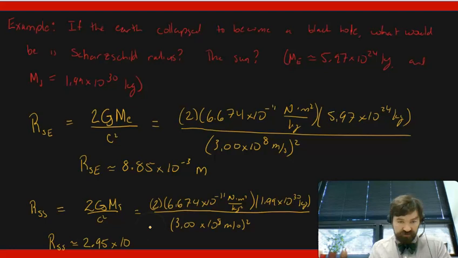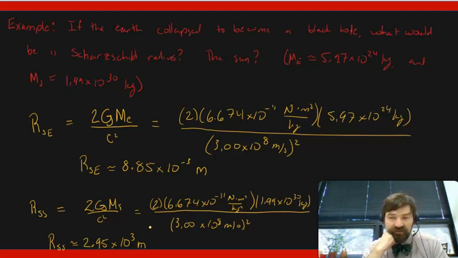That gives us a Schwarzschild radius for the Sun of about 2.95 times 10 to the 3 meters, or in other words, just under 3 kilometers or just under 2 miles. So that is your Schwarzschild radius for the Sun.